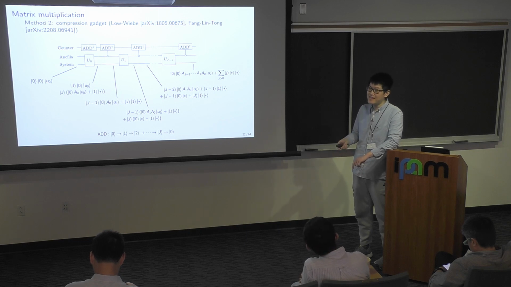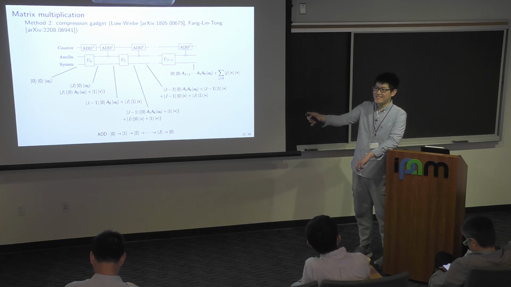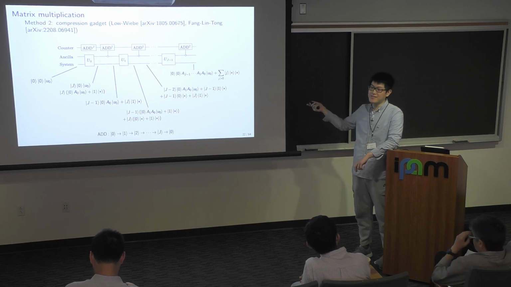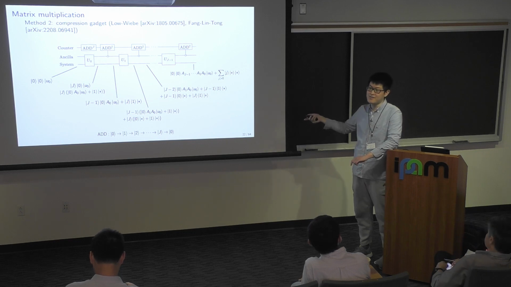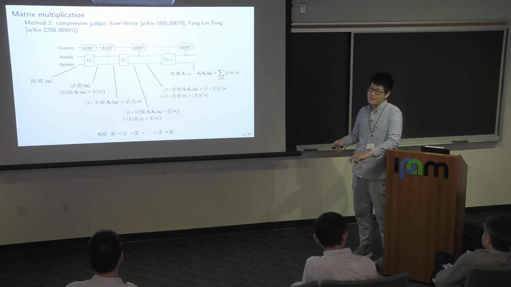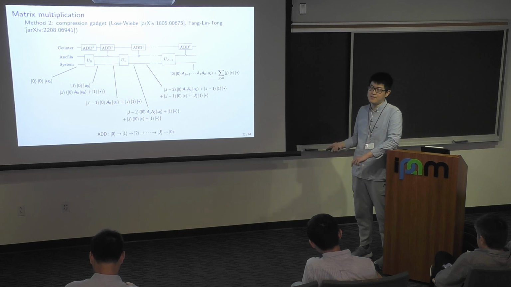But because Lin is here, for the block encoding, there's actually another point of view of the block encoding, which is the RecBAM. You can view a given circuit as the block encoding of another matrix, and that is probably useful for testing NISQ quantum devices, but it's a different point of view.